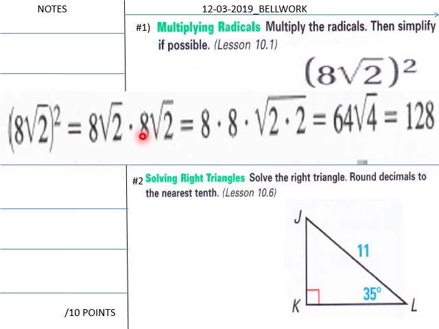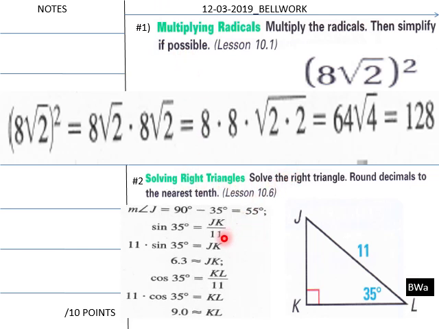So to do that, you're multiplying 8 radical 2 times 8 radical 2, which by grouping is 8 times 8 times radical 2 times 2. So you get 64 square root of 4, which equals 2 times 64, which is 128 for number 1.